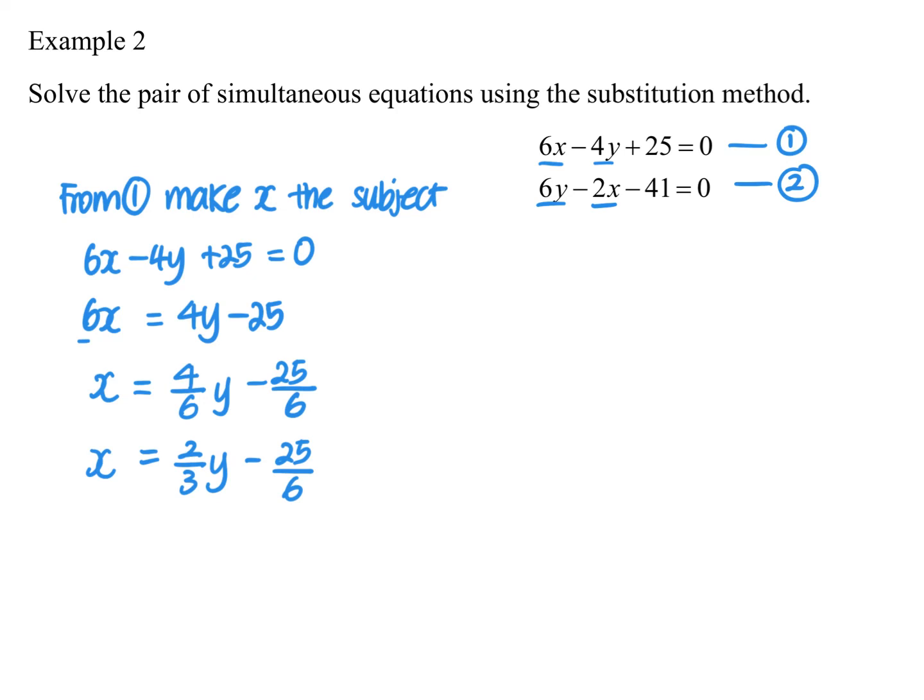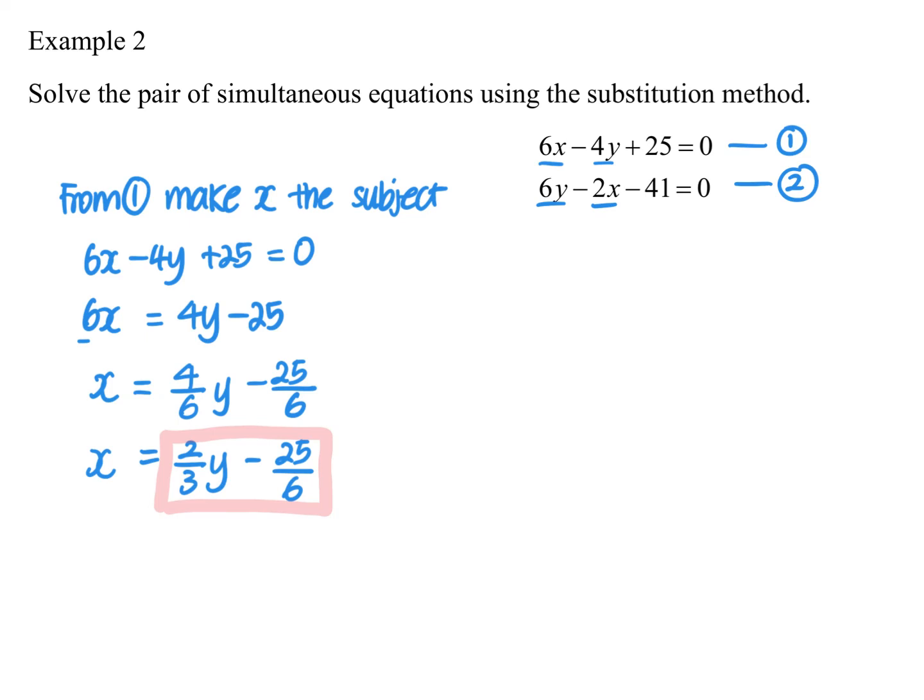So what I'm going to do now, I'm going to substitute the whole of this. That means now if I see x, I have to replace it with this whole fraction over here. And it may look a little bit complicated. Okay, but the steps are still more or less the same. So don't panic, right?